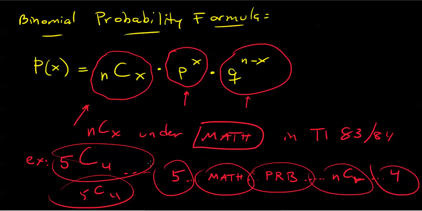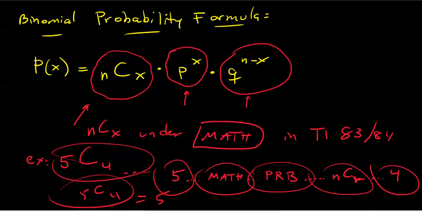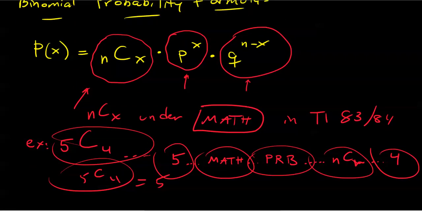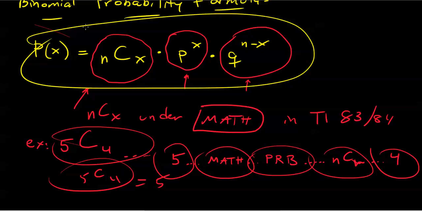So 5 choose 4 equals the number 5. We'll talk more about the actual values in a minute. I just wanted to give you some practice on finding that n choose x command. Okay? Alright, I'm going to now work out an example using this formula for particular values of n and p and x. Let me get a fresh screen here.